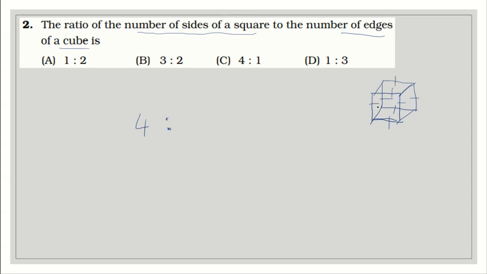Along the height I have 4. Totally 12 edges will be there. So the ratio of them, if you find after cancelling with their HCF of 4 and 12, which is 4: 4 1s are 4 and 4 3s are 12, gives you 1 is to 3 as the ratio. So the right option is D.